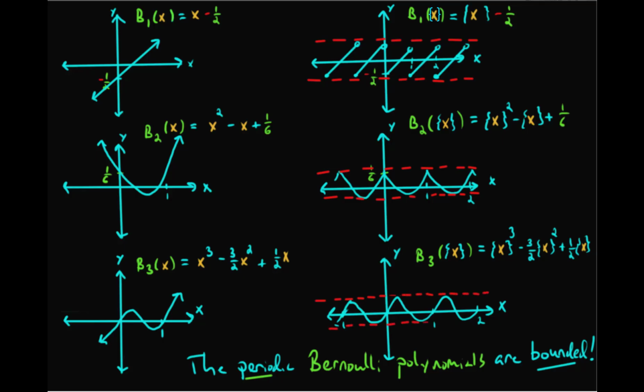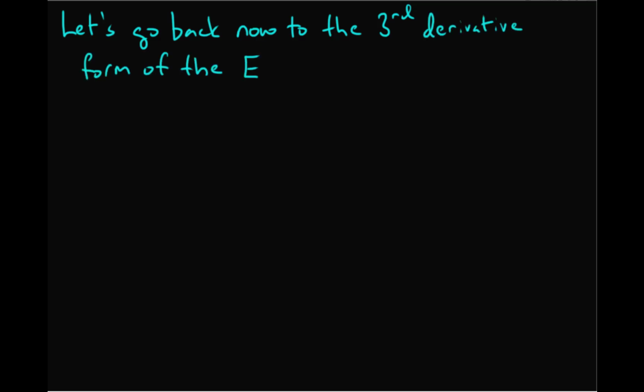And I'll do an example at the end of this video where I'll show how that works. But before we do that, I just want to press ahead a bit more with our derivation and show how we can develop the fourth and fifth derivative versions of the Euler-Maclaurin summation formula with remainder.